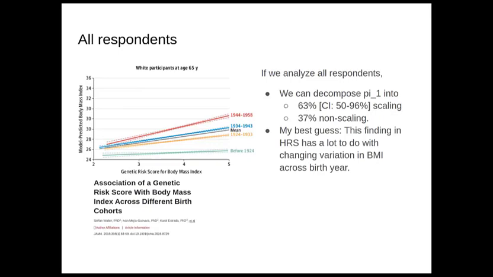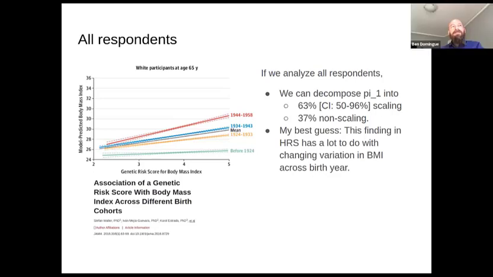And that jibes relatively well with the fact that the BMI increases are a lot stronger among women in general, and I presume in the US as well, than for males. My guess is that for the females, you would still get some significant G by E.